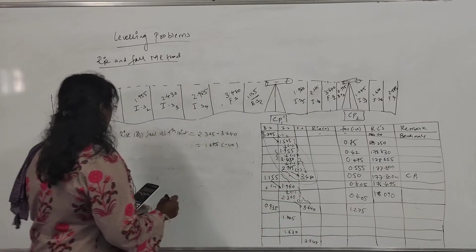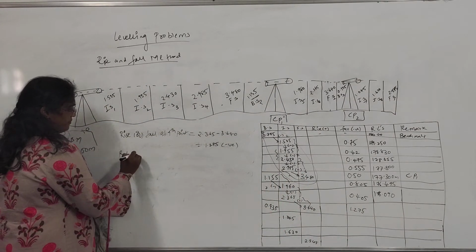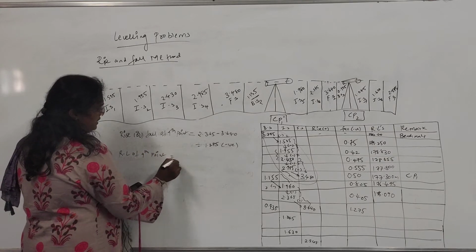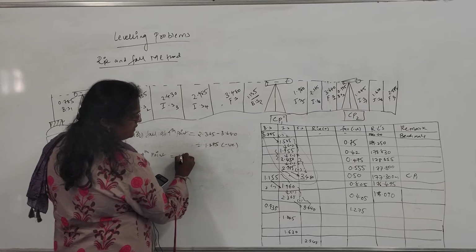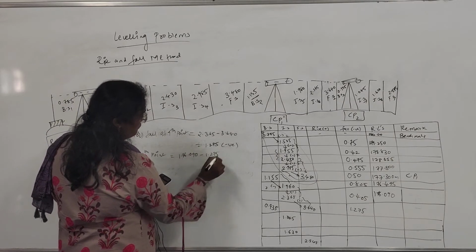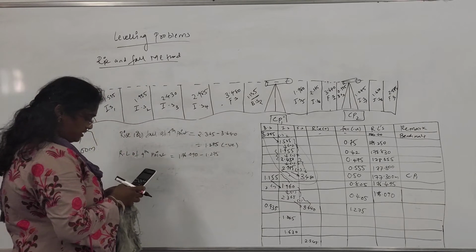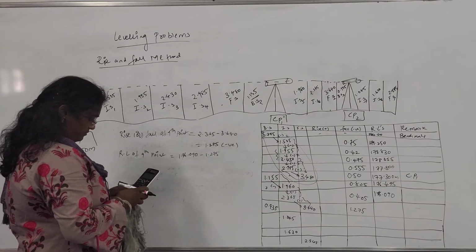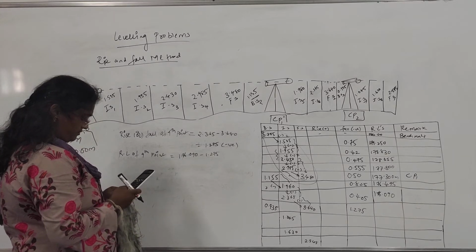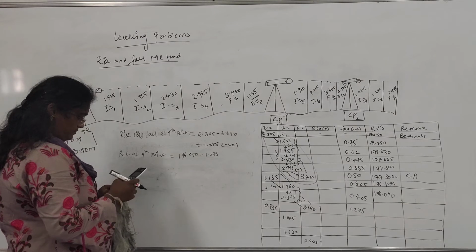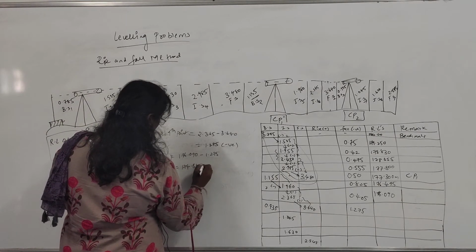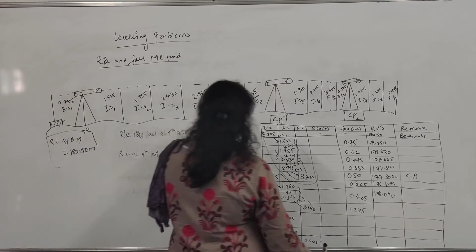Place this value here, 1.275. Next, RL of the 9th point is how much? 176.090 minus 1.275 will give you 174.815 meters.